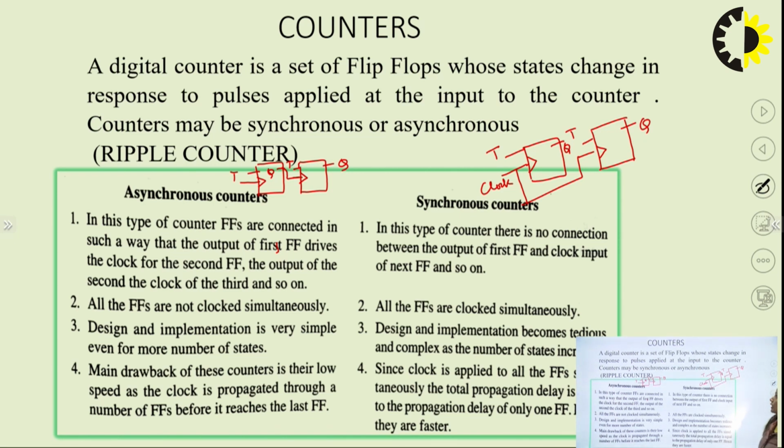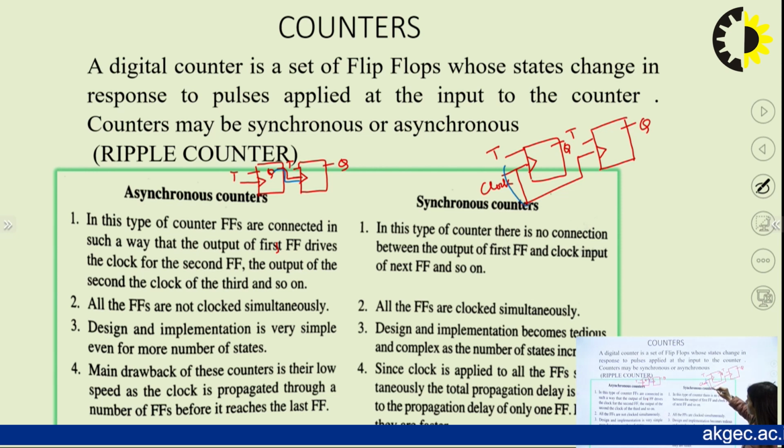So here one output is given as input to the next flip-flop, whereas the same clock pulse is given to this one and also this one. So this is synchronous and it is asynchronous.